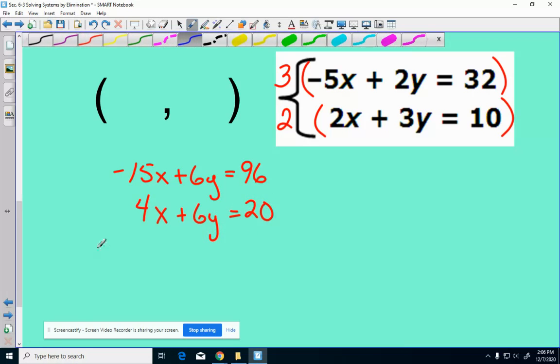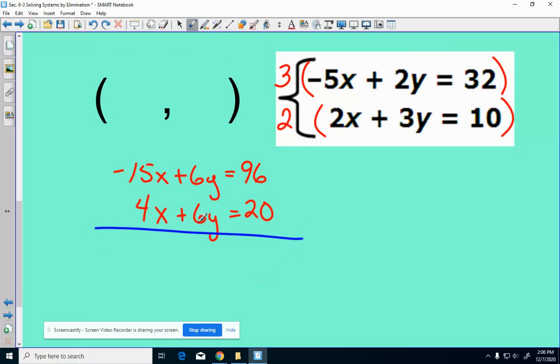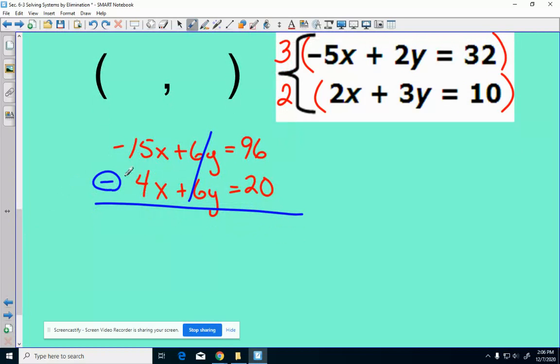Okay, so as you look at this right now, you have a positive 6y in both of these. What makes two things that are the same cancel out? That would be subtraction. Okay, so those are going to cancel. So you get negative 15 minus 4. It's negative 19x. And then 96 minus 20, 76.